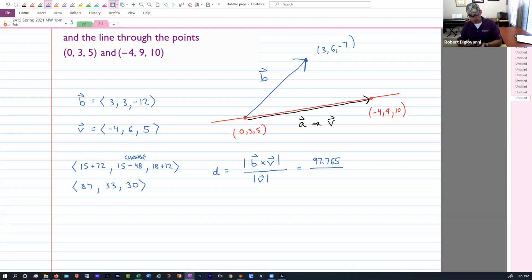Does anyone need clarification on where I'm getting these numbers from? Approximately 11.14. Inches, miles, light years, whatever the unit is, we don't know what units we're using here. There it is.